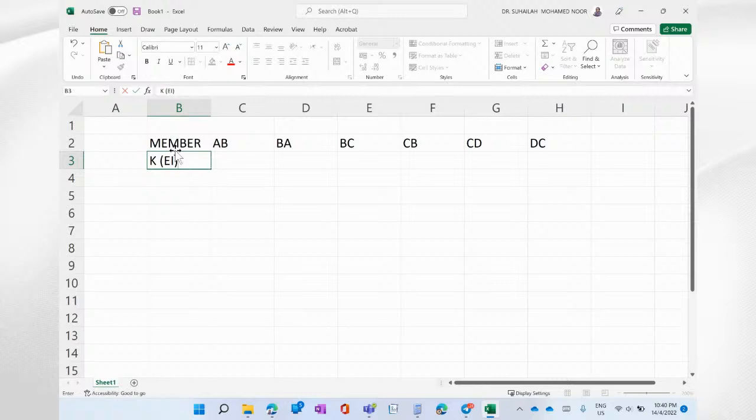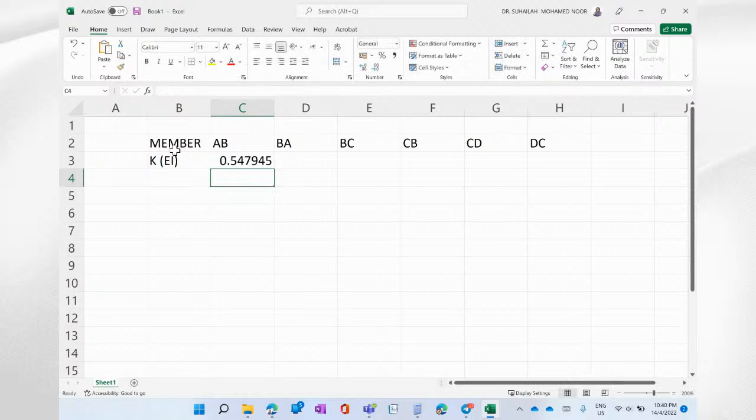No need to do that. Remain as EI. So for member AB, it is 4 divided by 7.3.